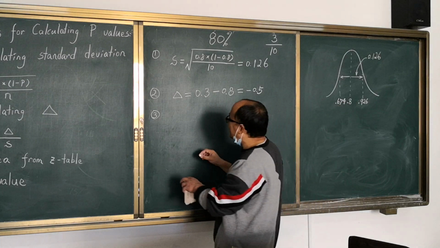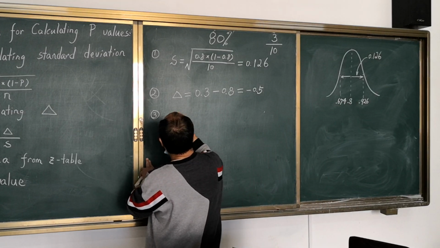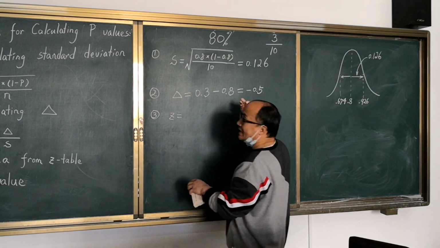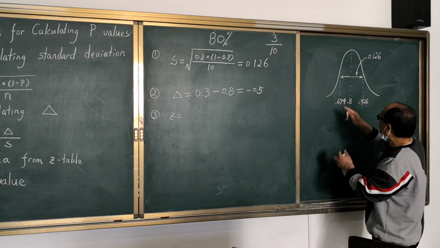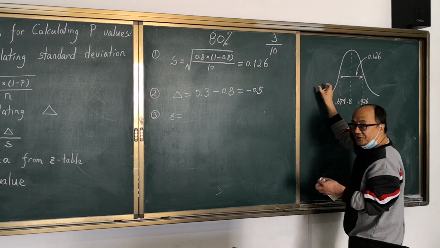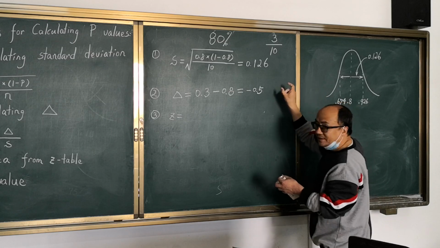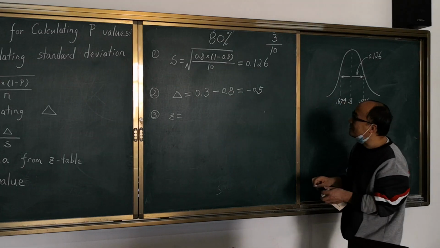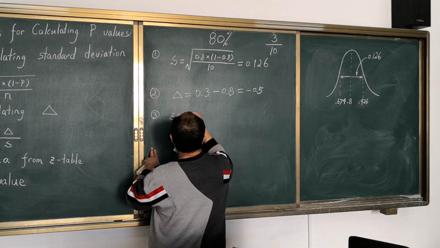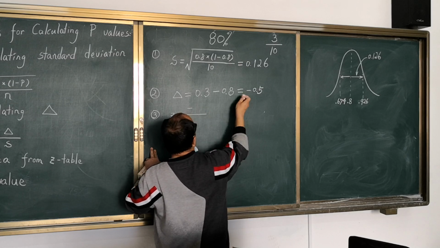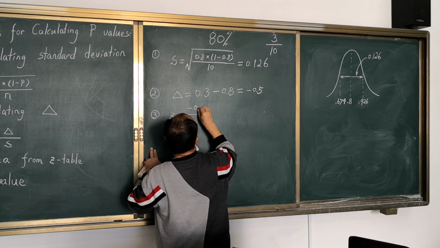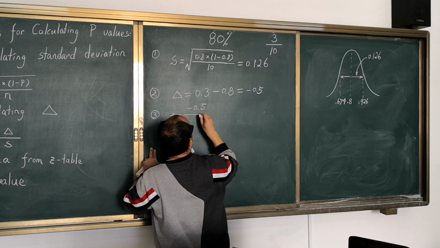So this is the z-score. Is that one time standard deviation, or 3 times standard deviation? The z-score can carry the negative sign. Doesn't matter.